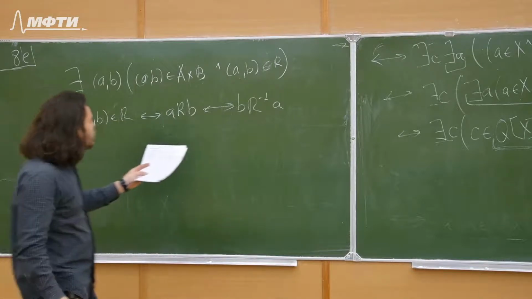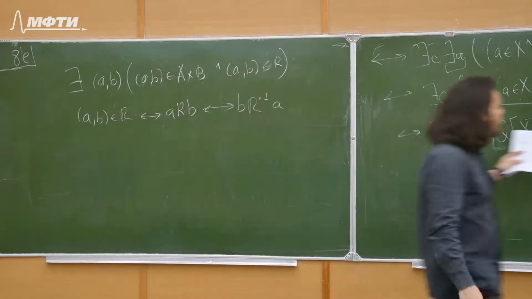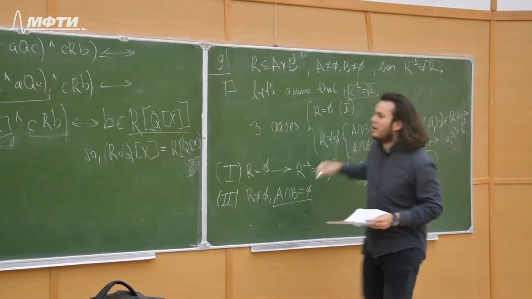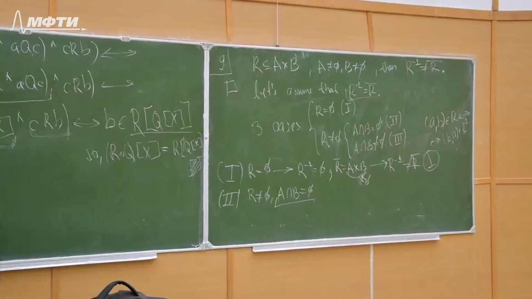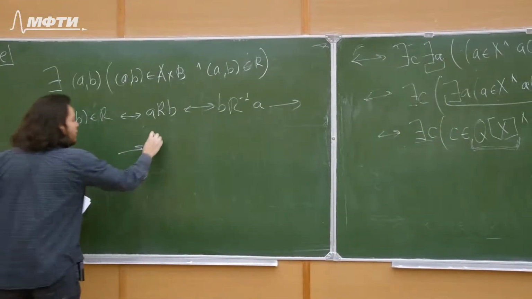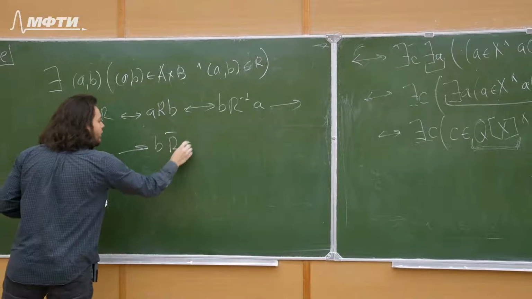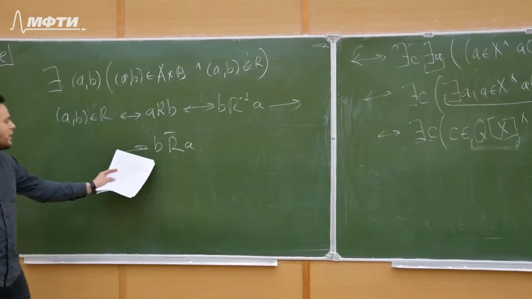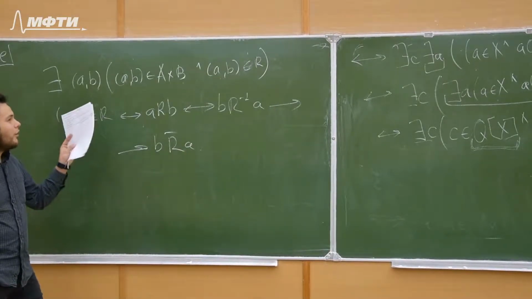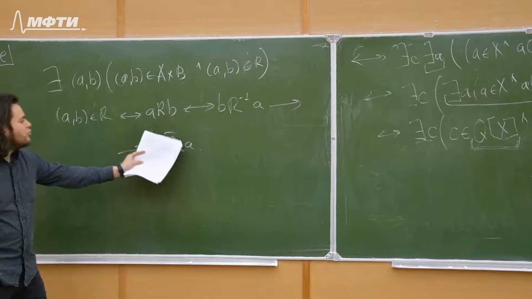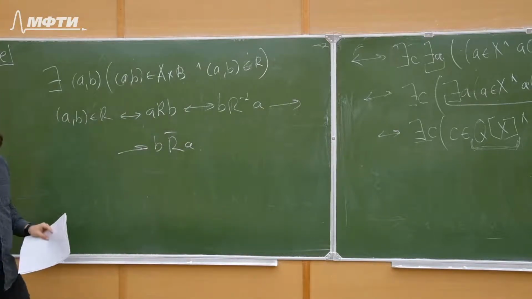And then since we assumed that R minus 1 and the complement of R are equal, we obtain that the ordered pair BA belongs to the complement of R.